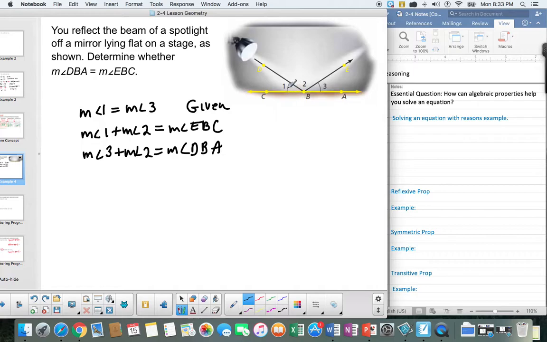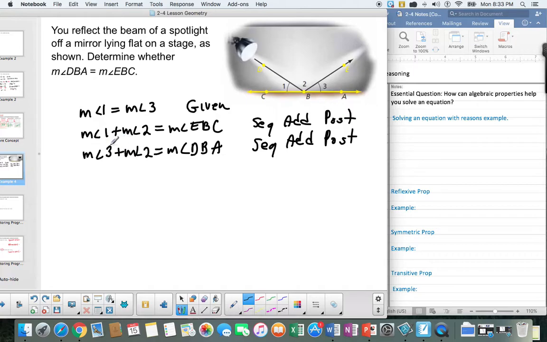I also know that angle 1 plus angle 2 is equal to this big angle, and that is the angle addition postulate. And then I can see that angle 3 and angle 2 equal DBA, and that's also the angle addition postulate.